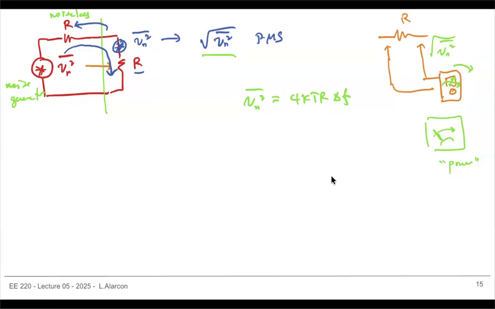Okay? So what happens really is that I actually get some power. It goes to my meter. What happens is that the resistor actually cools down by a small amount. It loses a certain amount of energy. It loses power, right?